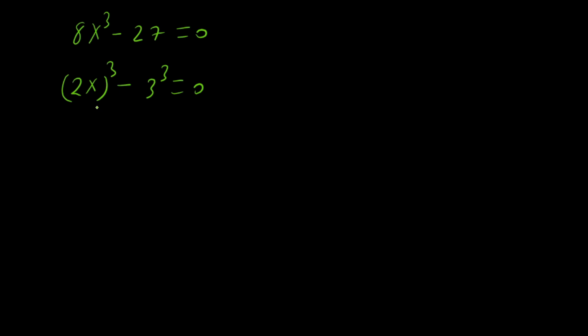Here we apply the difference of two cubes, because if we put this 2 times x as a and this 3 as b, then a power 3 minus b power 3, the difference of two cubes, is a minus b times a square plus a times b plus b square.